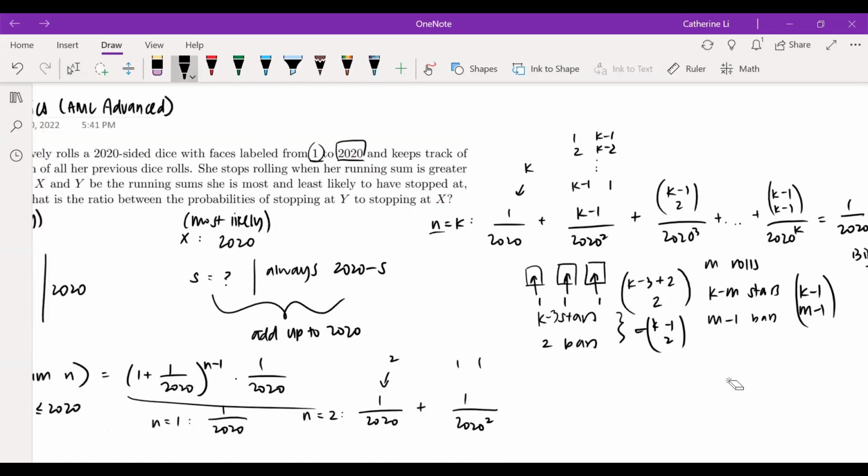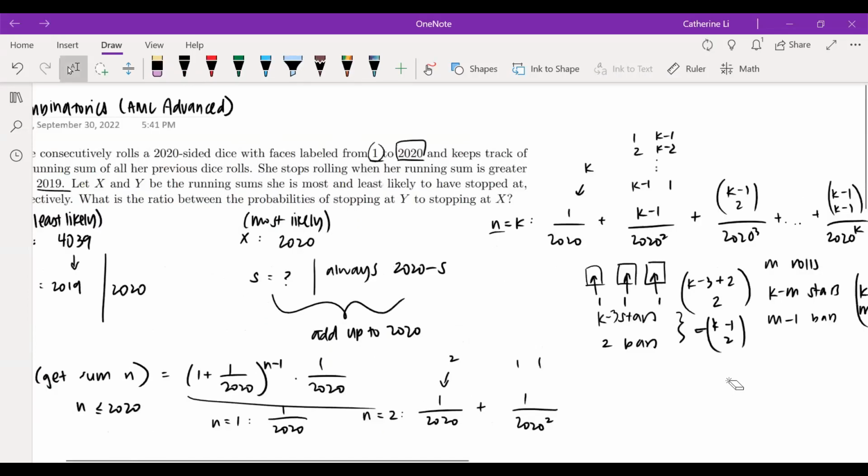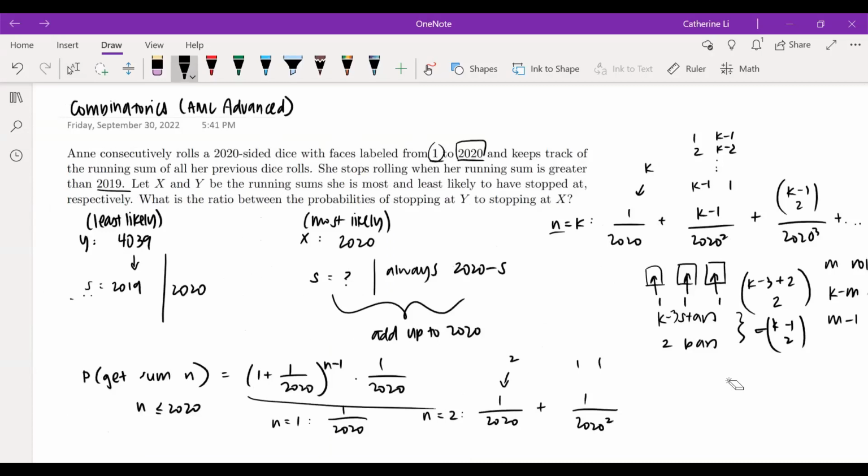And now we can find the probability that we get a running sum of 2020, which is just going to be 1 plus 1 over 2020 to the 2019 times 1 over 2020.